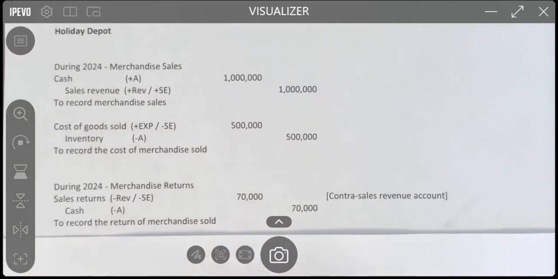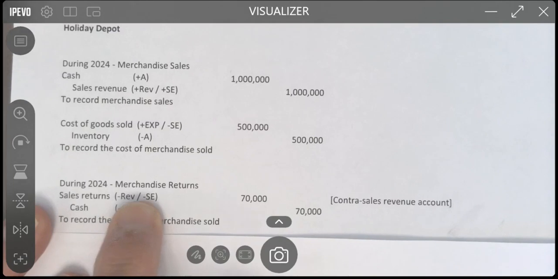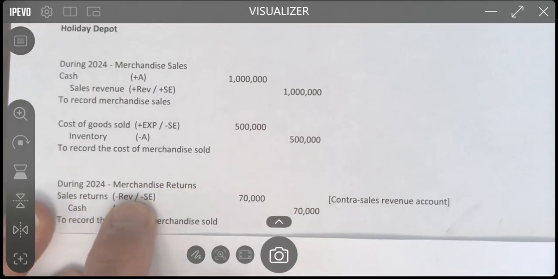During 2024, when customers returned the merchandise, we debit a sales returns account, which is a contra revenue account and therefore a contra stockholders equity account for the 70,000. And again, the date on these entries is various dates as customers return some of their purchases.